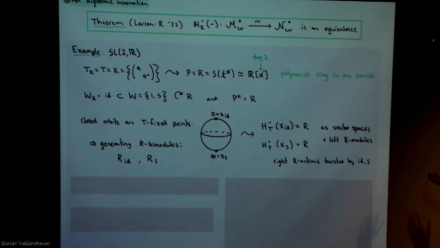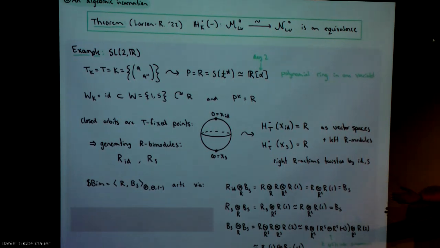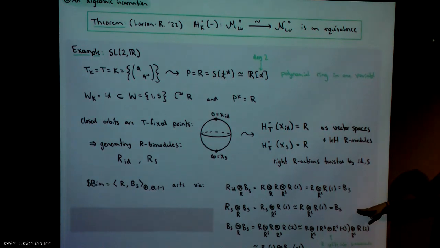And so then what does the construction say? We take these things and we act by Soergel bimodules. So this is just acting by a tensor product, and we can do a few computations to show us that if we take our identity, act by the indecomposable Soergel bimodule Bs, we just get it back. And again, if we take a standard module and act by Bs, we recover one more time, Bs.